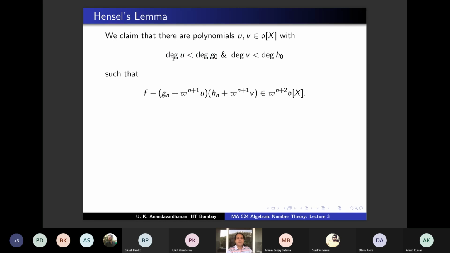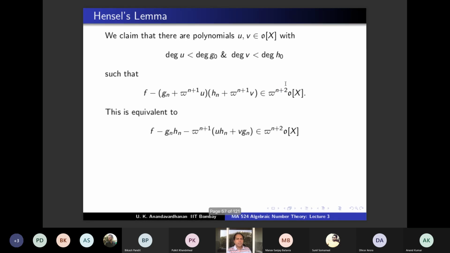Okay. So this is what we are going to claim, that there are polynomials U and V with these inequalities such that f minus the product of these two, Gn and Hn are already there by induction, and you are adding something to it, and you are saying that this difference is in pi power n plus 2 O. So this is what we have to claim.